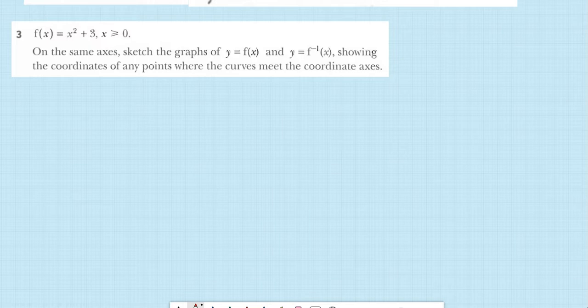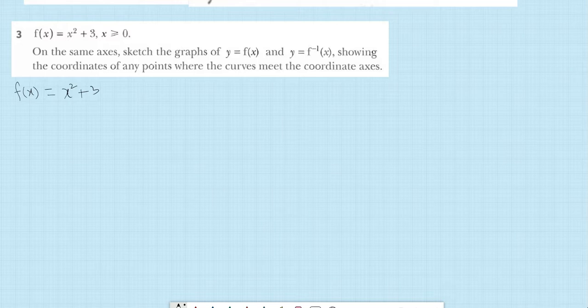So first we have to draw the graph of the function, the graph of the given f(x). f(x) is equal to x square plus 3. This is the function.